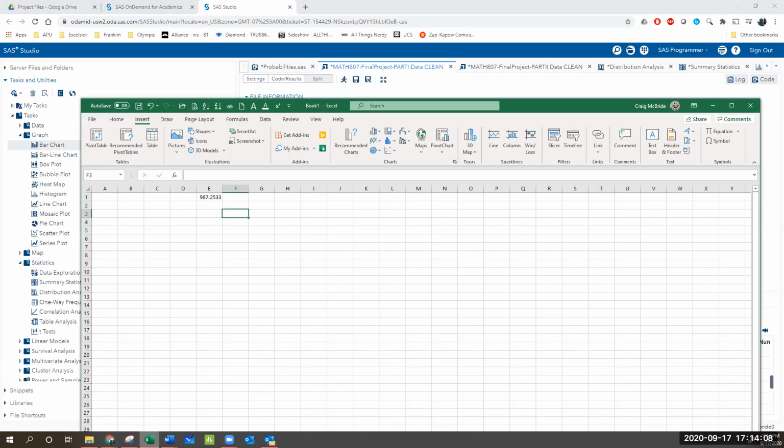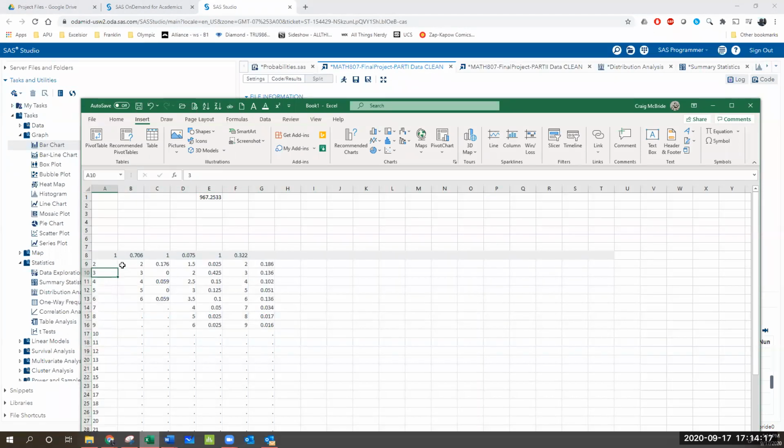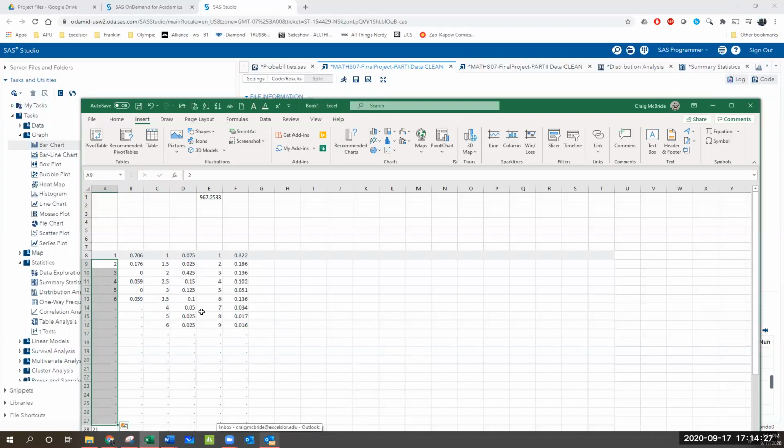So let's see if this works. I think that's off by 1, obviously. All right, so there are our 3 sets of data and their probabilities.